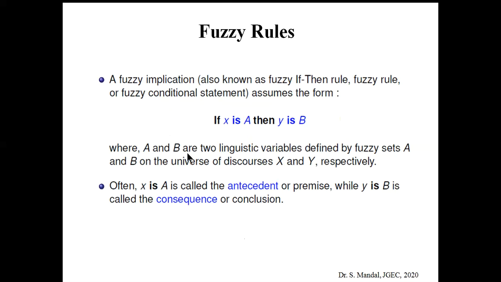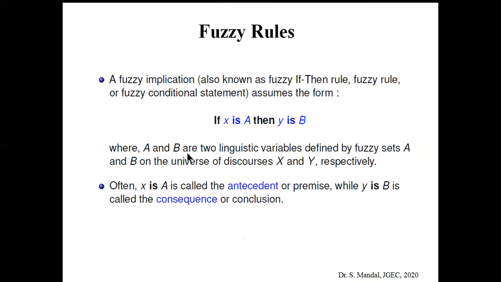Now coming to the fuzzy rules. Fuzzy rules are also known as fuzzy implication, fuzzy if-then rule, or fuzzy conditional statement. The formal structure of a fuzzy rule is: if x is A then y is B, where A and B are two linguistic variables defined by fuzzy sets, and x and y are corresponding elements of the universes of discourse X and Y. So A and B are two fuzzy sets, x and y are the elements.